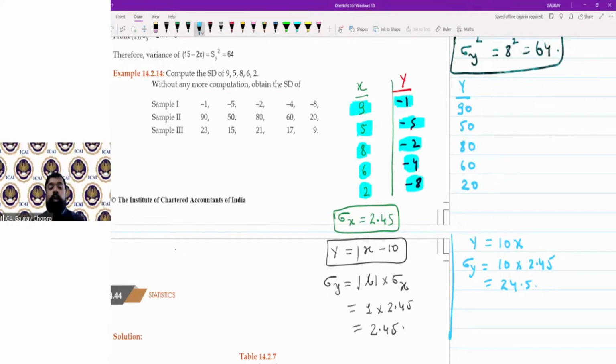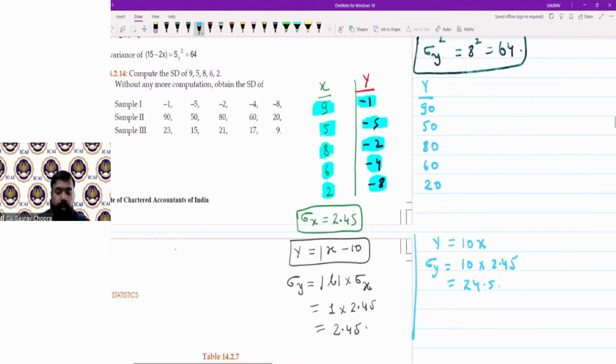Now, the third one you can try first and then I will give the answer. So you have to try what equation will be formed. It is 23, 15, 21, 17, 9. So this is a bit tricky one.